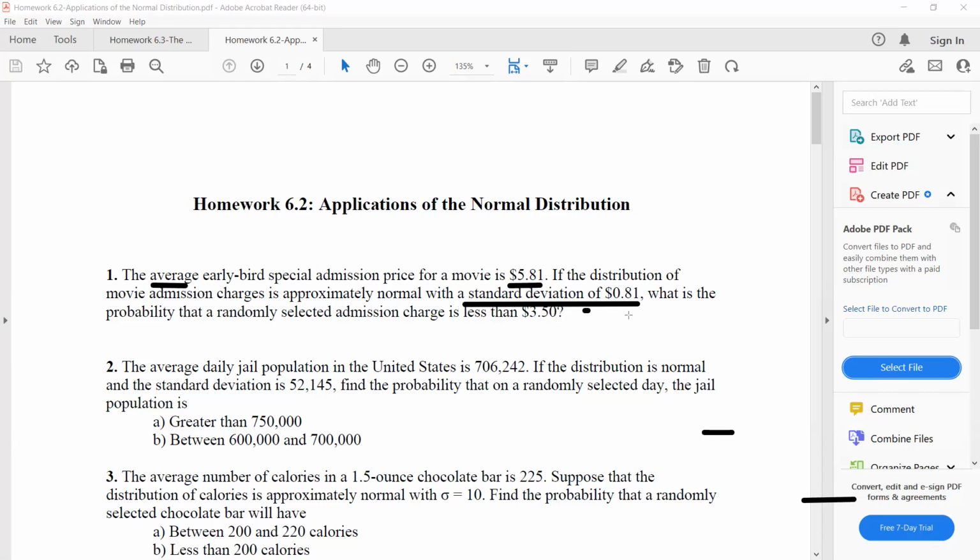What is the probability that a randomly selected charge, so whatever you're randomly selecting, that's your variable, that's your X, is less than 3.50? So that's how this works. All right, so let's do this and see what we get.